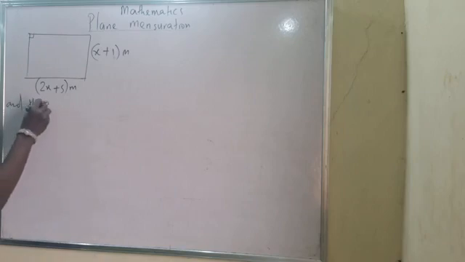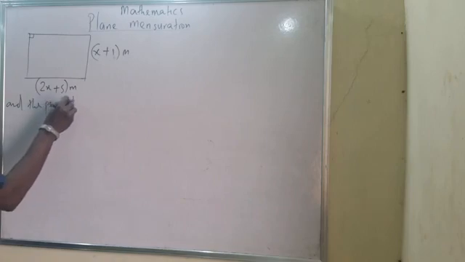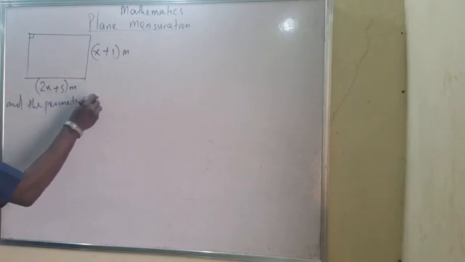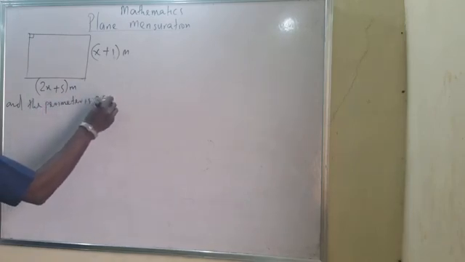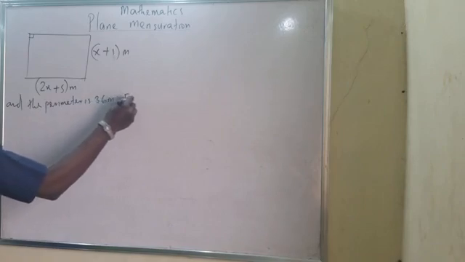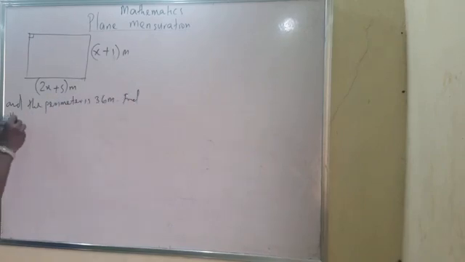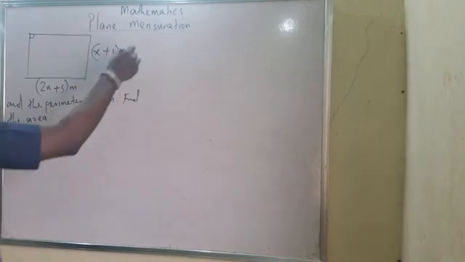The perimeter is 336 meter. Now, find the area. Now, this can be a problem.